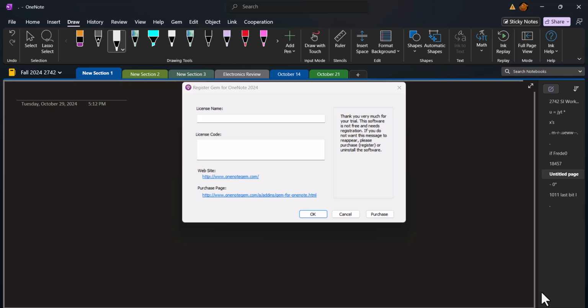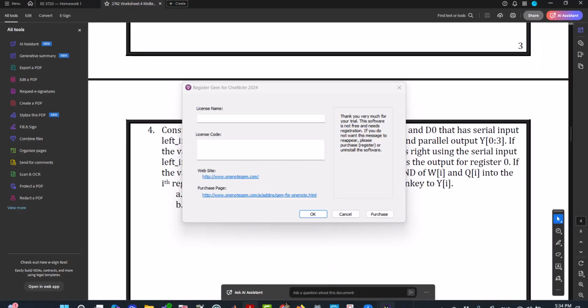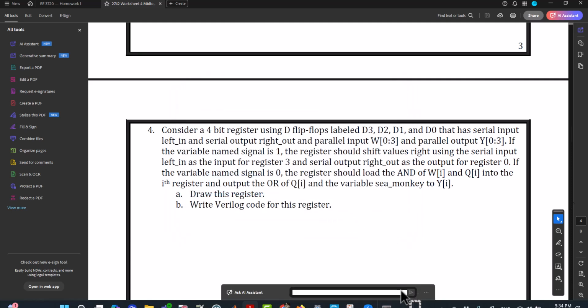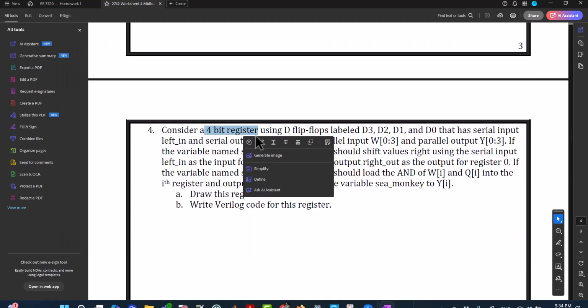How many bits of multiplexers? It tells us. It told us that it was a 4-bit register right here. That's how we know.